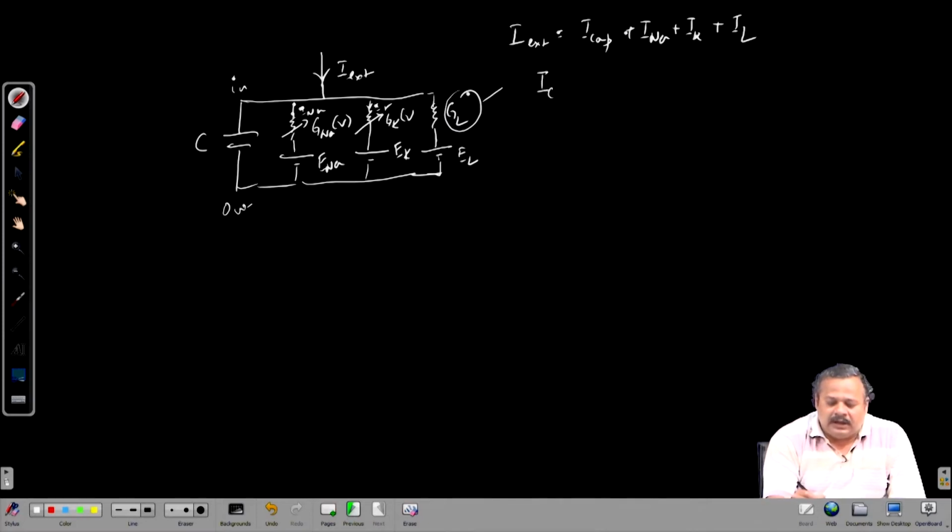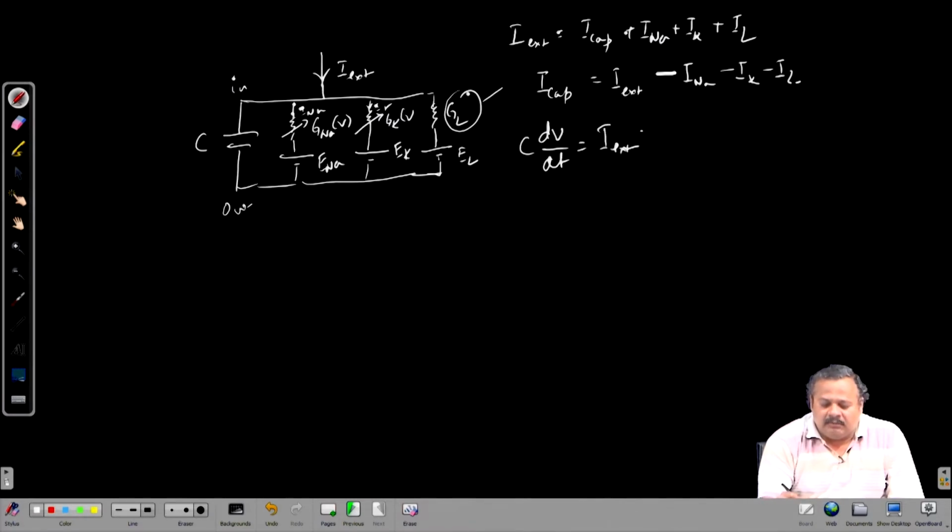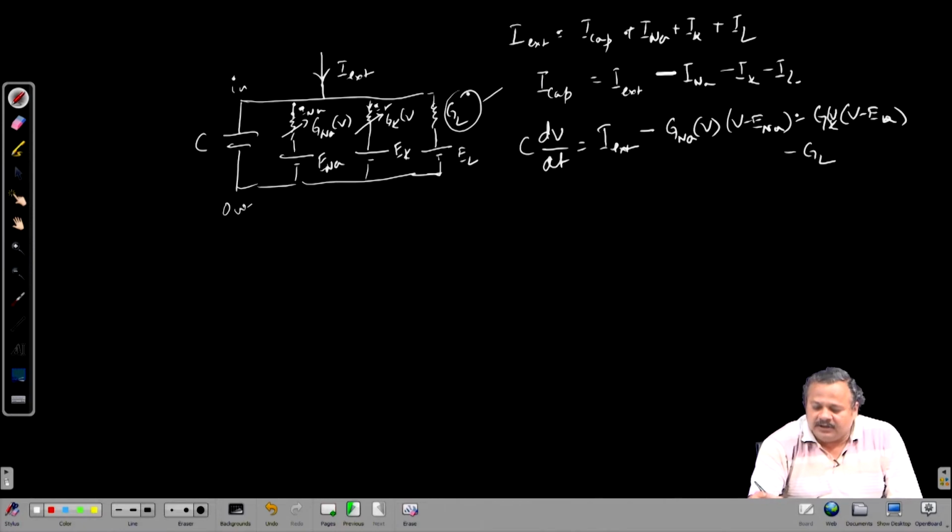So, our I capacitor turns out to be I external minus I_Na minus I_K minus I_L, and so we have C dV/dt is equal to the I external, then minus G_Na(V) times (V minus E_Na) minus G_K(V) times (V minus E_K) minus G leak times (V minus E leak).